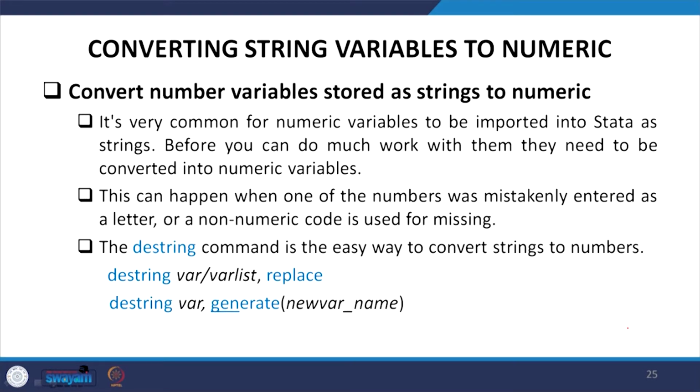There are various ways of getting a string variable in our data. Besides manual entry as string, we have other possibilities like those mentioned here. Mistakenly we can enter a letter in our data, and that converts the data to string. Similarly, a non-numeric code used for missing is also read as string. Okay.